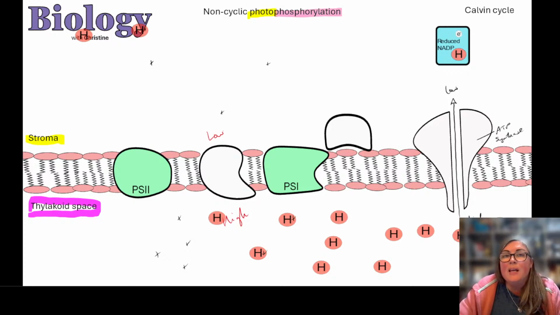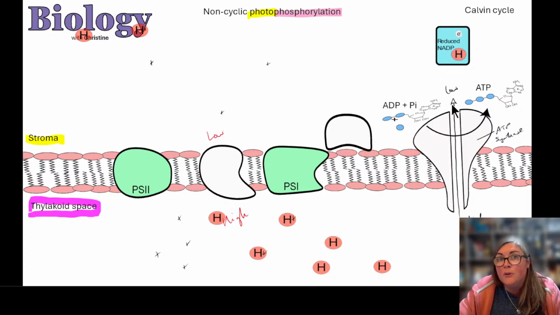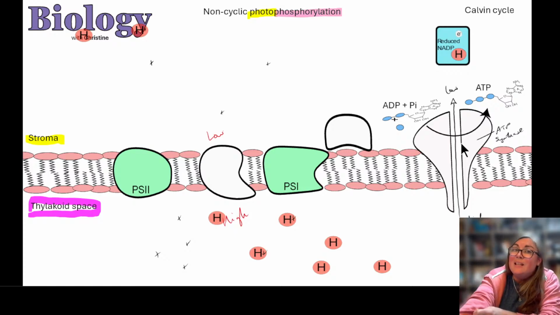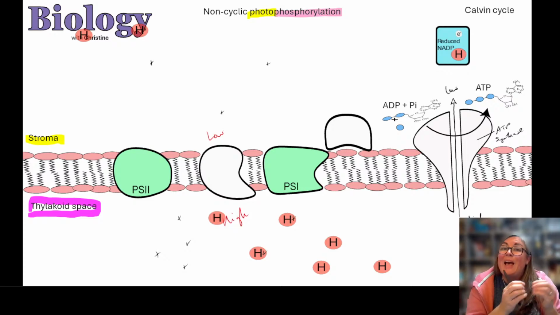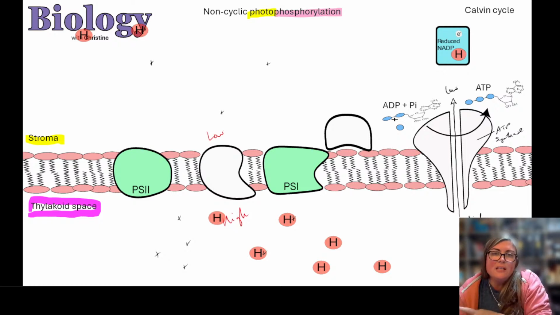And when they make their way out through the ATP synthase, what's going to happen is that motive force, the movement of them through this stalked particle, ATP synthase, is going to provide the necessary energy for the ADP and the inorganic phosphate to come together to form ATP.